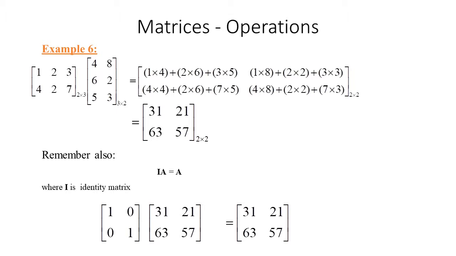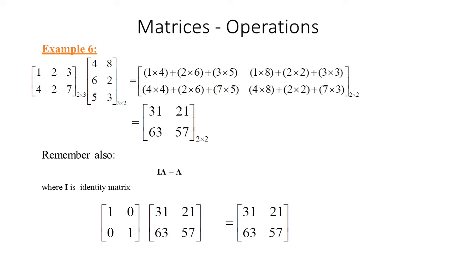The next one is second row, first column: 4 multiply 4 plus 2 multiply 6 plus 7 multiply 5. The next one is second row, second column: 4 multiply 8 plus 2 multiply 2 plus 7 multiply 3. So now we use the calculator, multiply and add, and we get 31, 21, 63, 57, which is a 2 cross 2 matrix. So this is the multiplication of the two matrices.